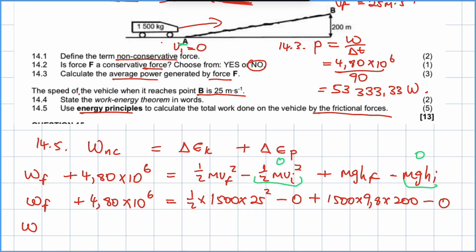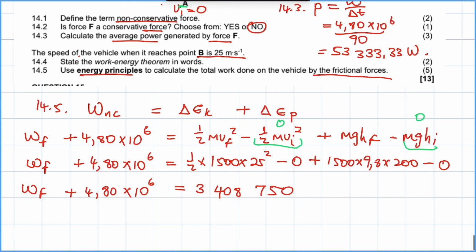Okay, so we have W_F plus 4.80 times 10 to the power 6 equal to, let's just put that on the calculator. So that will give us 3,408,750. Then to get the work done by the friction, we're just going to transpose, right?